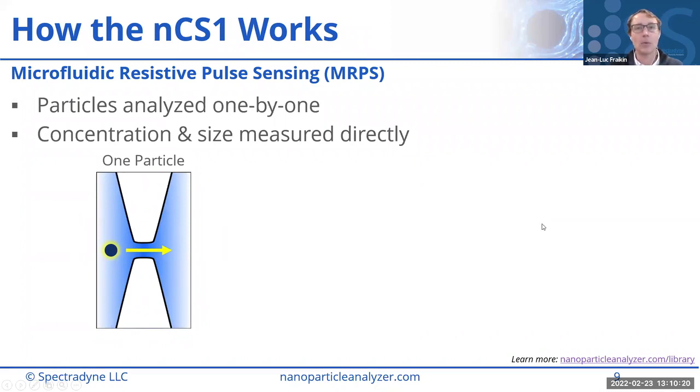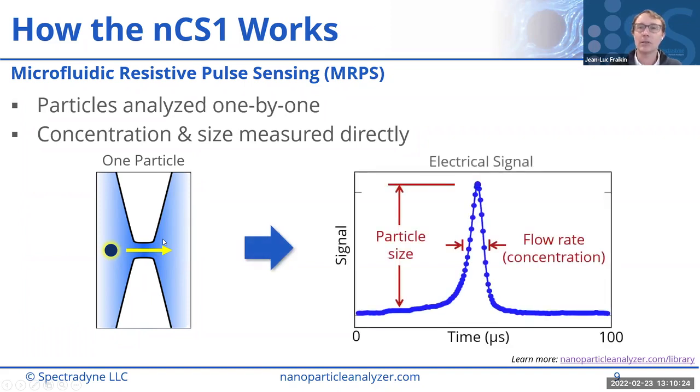And every time a single particle passes through this constriction, we get an electrical signal. We measure two things about this electrical signal. One is how big the signal is, because that tells us how big the particle is. And we also measure how fast it goes through the constriction, because that tells us how much of the sample has flowed through here.